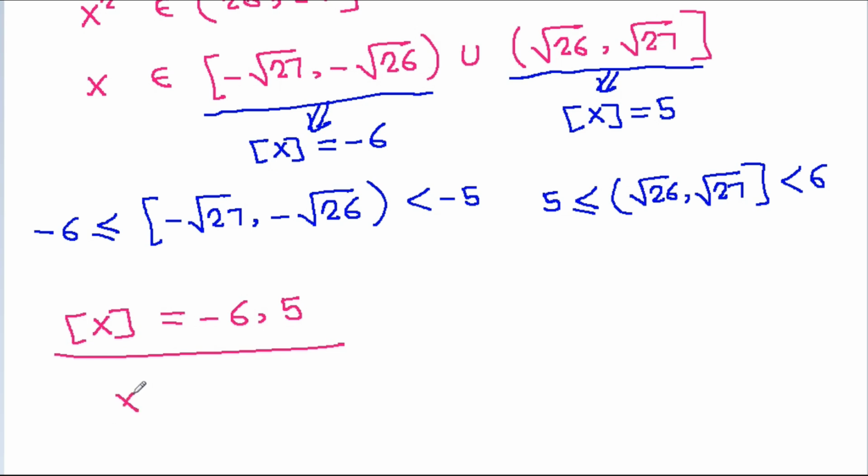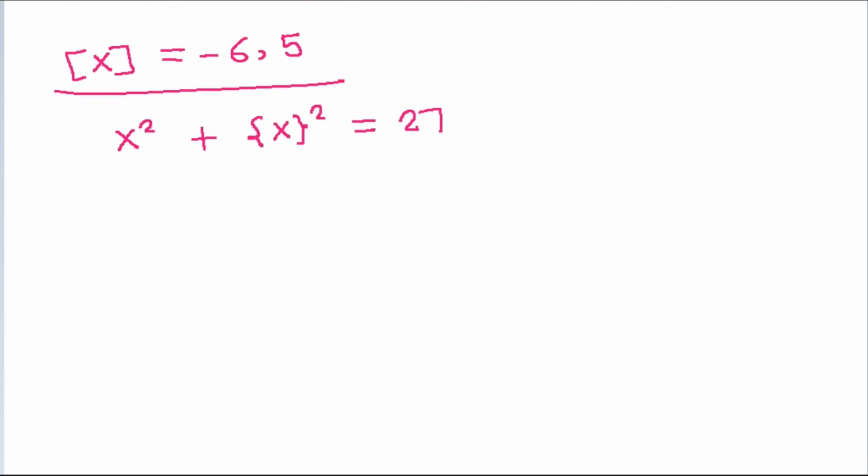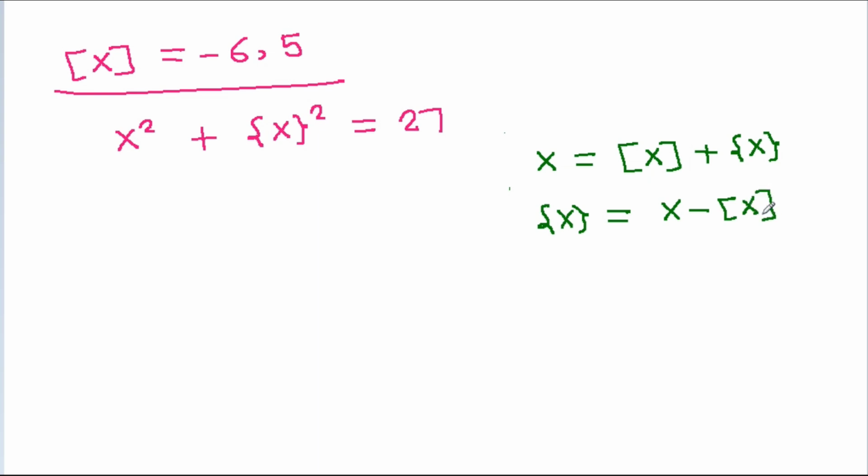We have x² plus the fractional part of x² equal to 27, and x is equal to [x] plus the fractional part of x. So the fractional part of x will be equal to x minus [x].